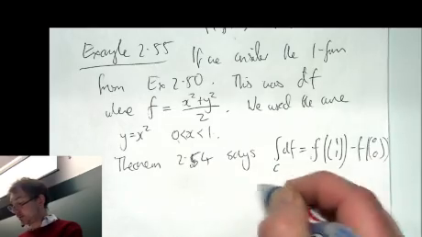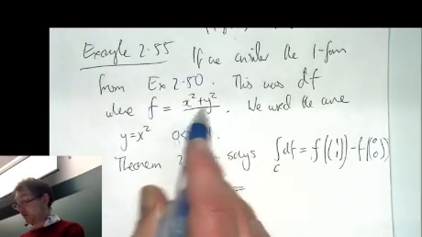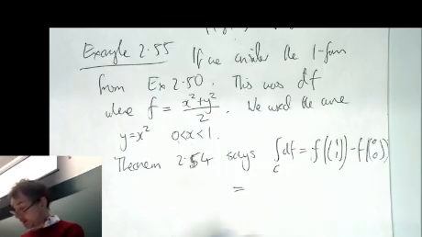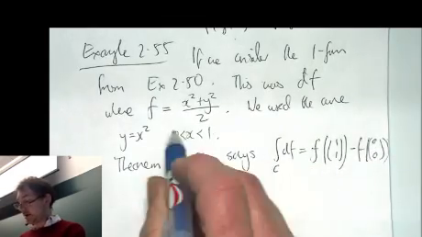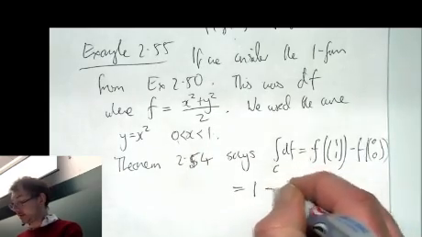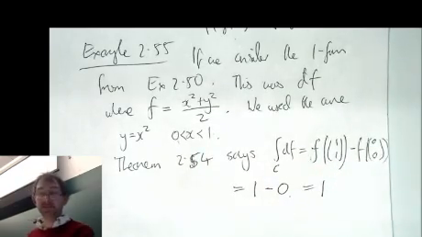And that would give us (1 plus 1) over 2 is 1, and then (0 plus 0) over 2 is 0, which is equal to 1.